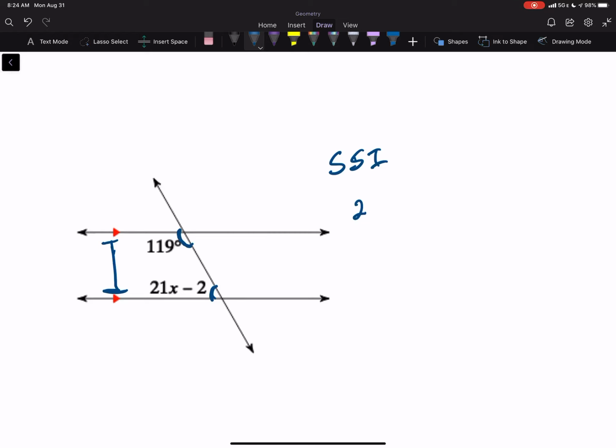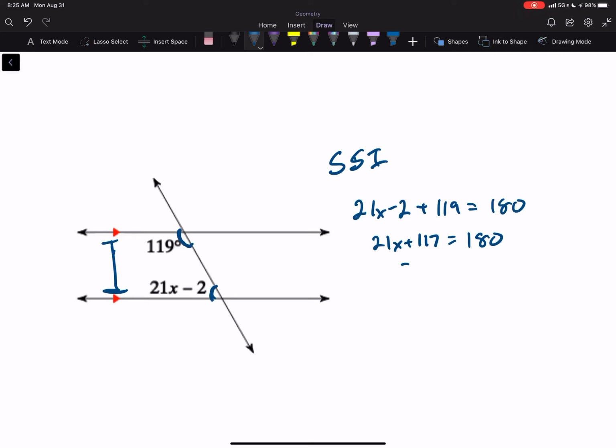So we're going to say 21x minus 2 and the 119, those two angles together make 180 degrees. All right, so I'm going to combine like terms here. Minus 2 plus 119 is going to be 117. Bring down my 21x. It's plus now because I subtracted the 2 already.